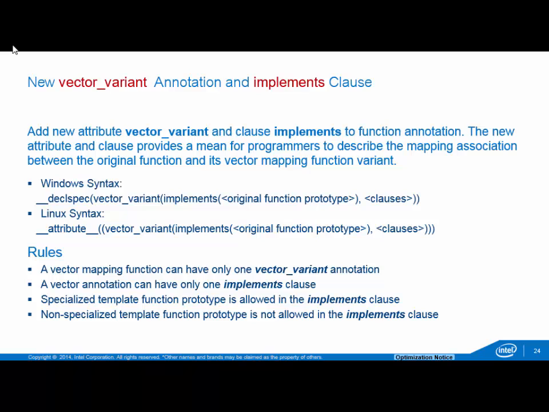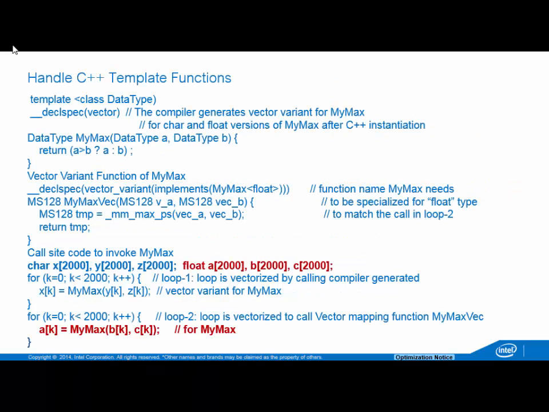Okay, so basically we introduced two things. One is called vector variant, and then there's a clause called implements, right? If you look at that, here is what the user can do in the code. This is my original scalar function. The user can still mark this function as a vector function, and the compiler will generate a vector version for it. And the user also writes their own vector variant function that says this vector variant implements my max, right?